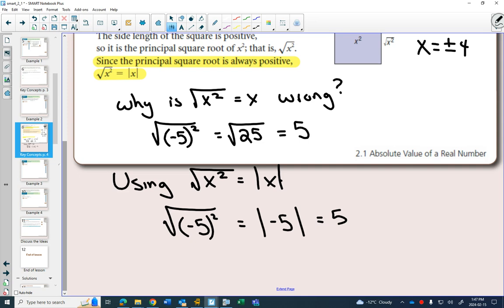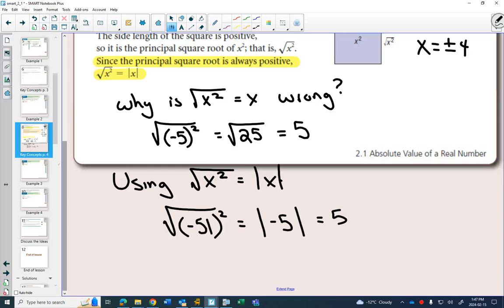This is nice, especially as far as showing our work, otherwise you'd have to show the 25 and then get 5, right?